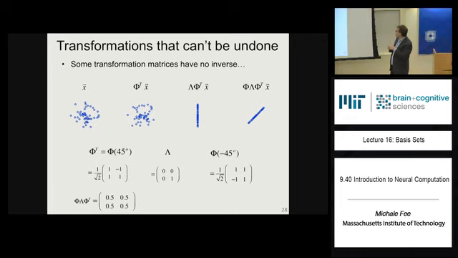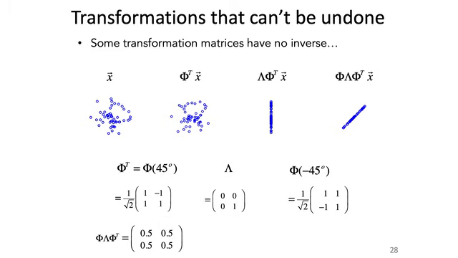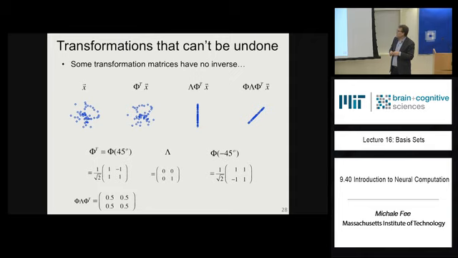In order to go back from here to the original data, you have to have information somewhere here that tells you how far out to stretch it again when you try to go back. But in this case, we've compressed everything to a line, and so there's no information how to go back to the original data. Okay?